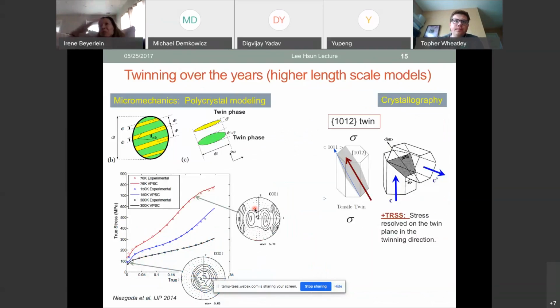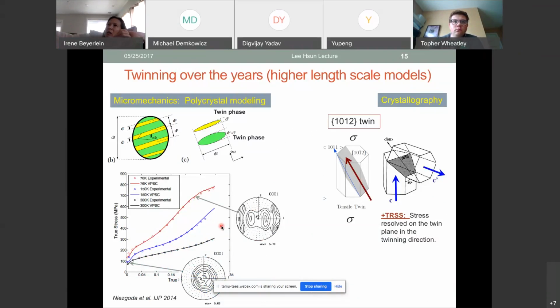I think of some beautiful images, these EBSD images that were taken. I didn't do them myself, but I'm an admirer of them. And that's something you don't get from just looking at this post-mortem type of images. But what we do get from the EBSD is the variety of different twinning microstructures that you can have.